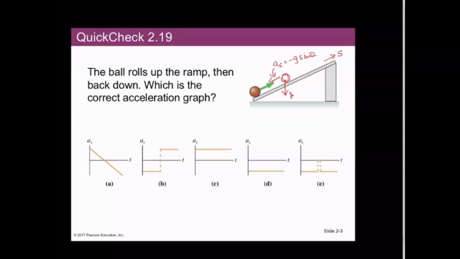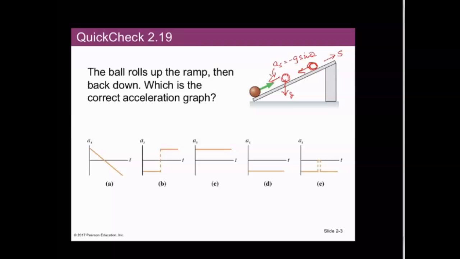Now you might ask, what about when it comes briefly to a stop and then starts to roll back down? When it stops, does its acceleration go to 0? The answer is no. That acceleration is still minus g sine theta, even at the top, and even as its velocity has gone to 0.